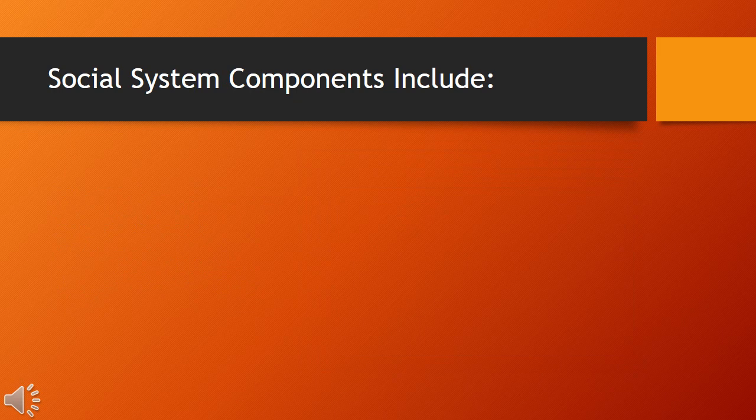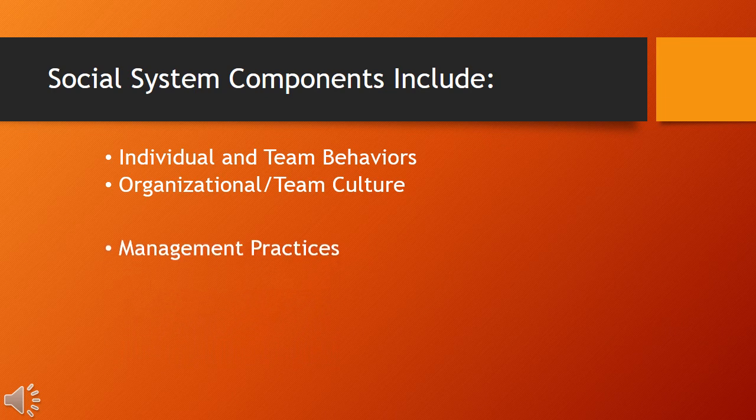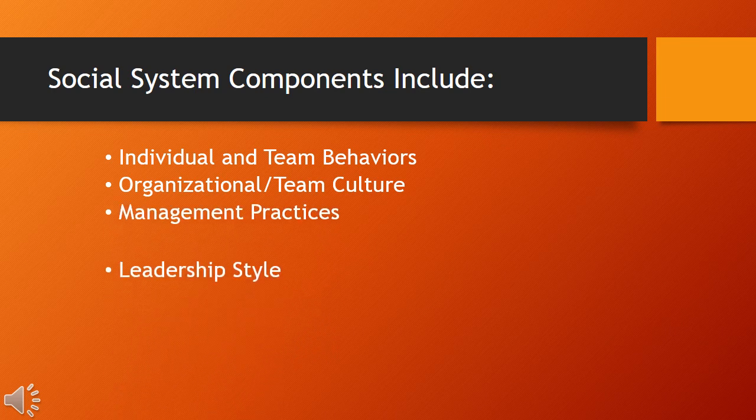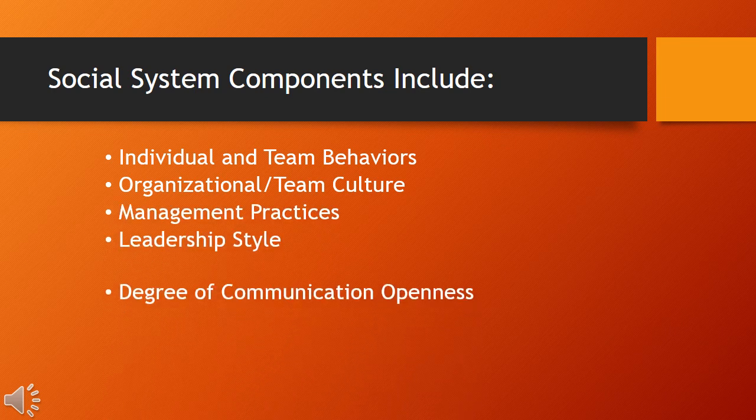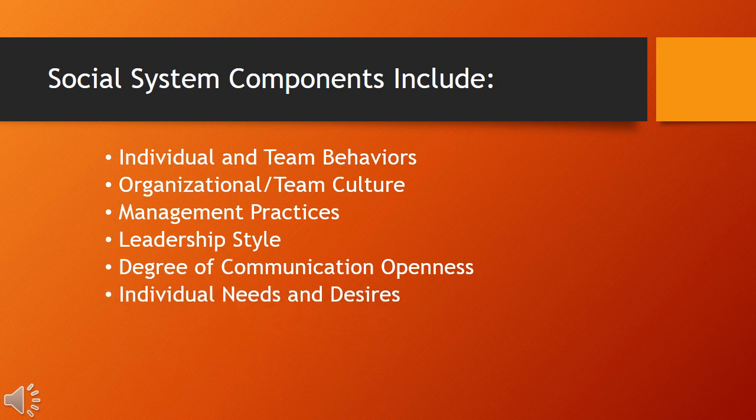Social system components include individual and team behaviors, organizational and team culture, management practice, leadership style, degree of communication openness, and individual needs and desires. In short, components of the social system deal with all aspects of the company or industry that relate to the human side, from employees to customers and end users.